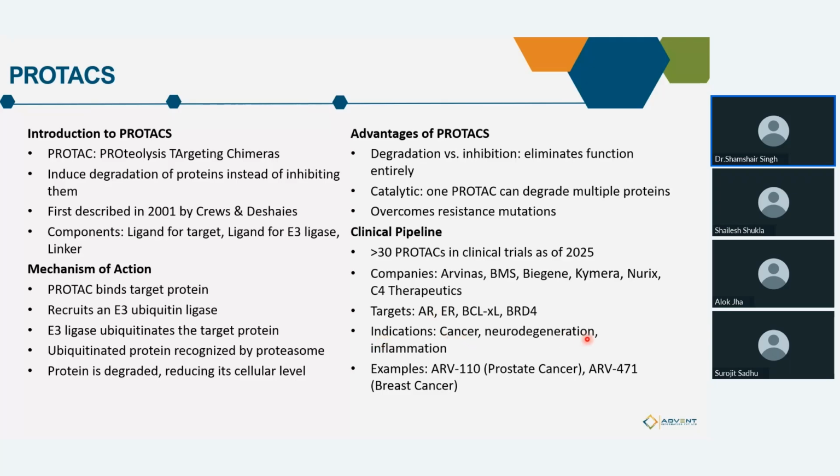Cancer, neurodegeneration, and inflammation. Here are two example molecules from Arvinas: ARV-110 is being used for targeting prostate cancer, and ARV-471 for breast cancer. So this is the general intro, the mechanism of action, advantages, and the clinical pipeline.